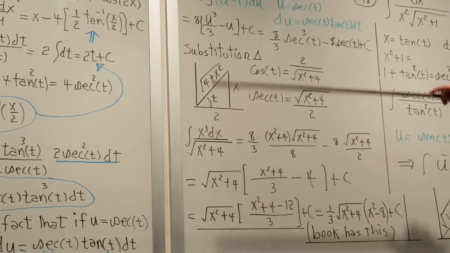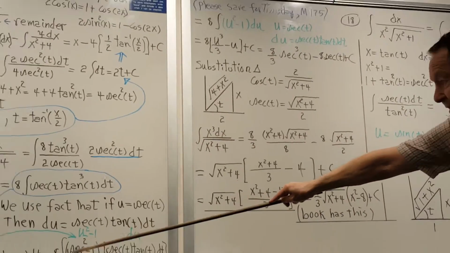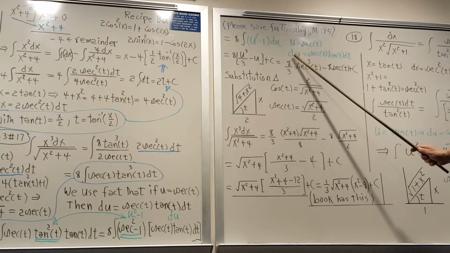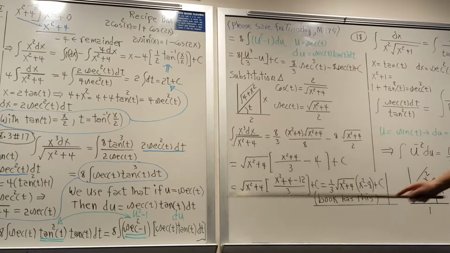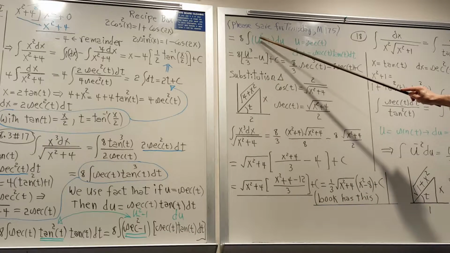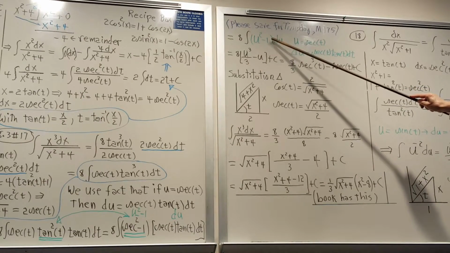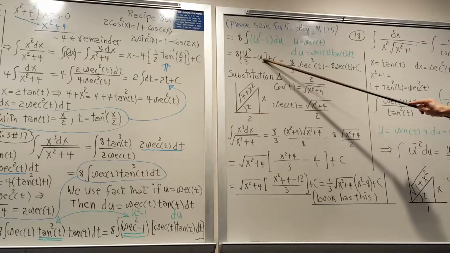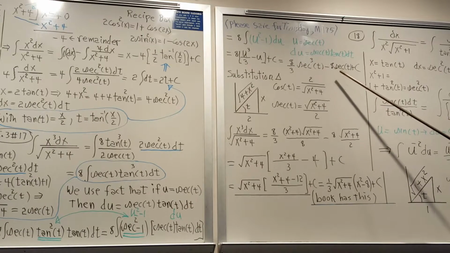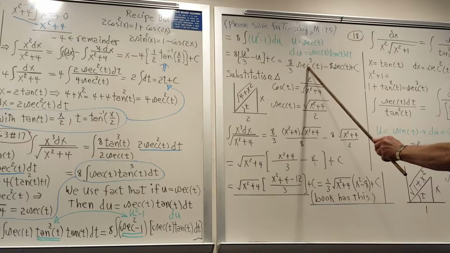And so the u was secant then, as I did it, and my du, secant tangent dt, was this part. So then I integrate u squared to get u cubed over 3, and this to get u, and then I substitute back to write the answer in terms of secant.